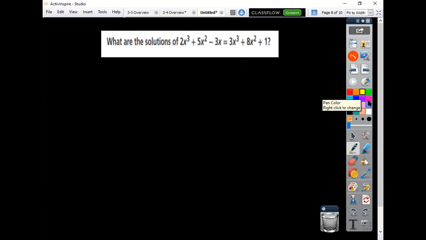So I'm going to subtract these over to that side, which would leave me with an x cubed over there. Subtract the 5x, so I'd have a 3x squared. Add the 3x over to that side and bring down my plus 1. And so now I'm looking for where that actually equals 0.